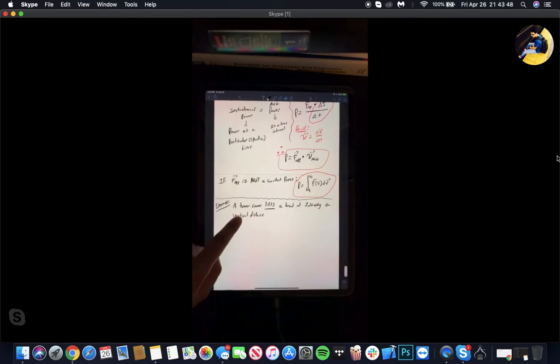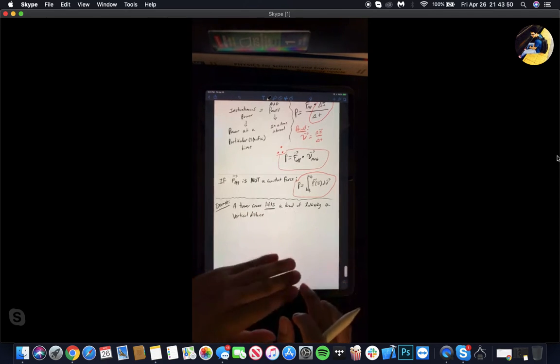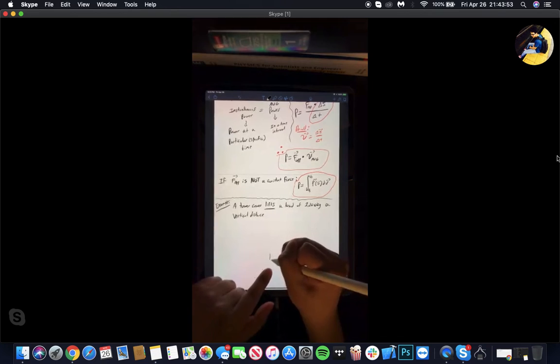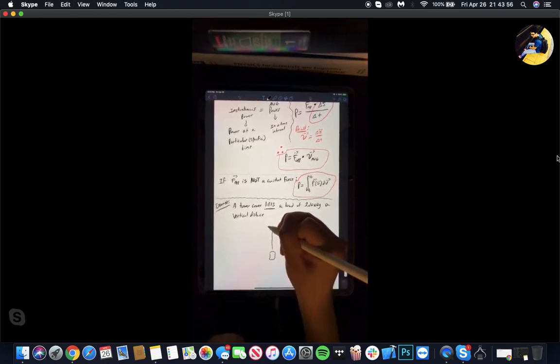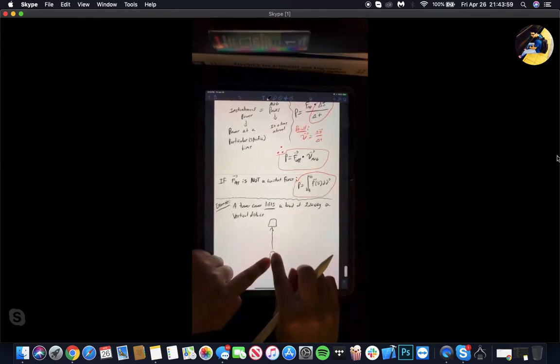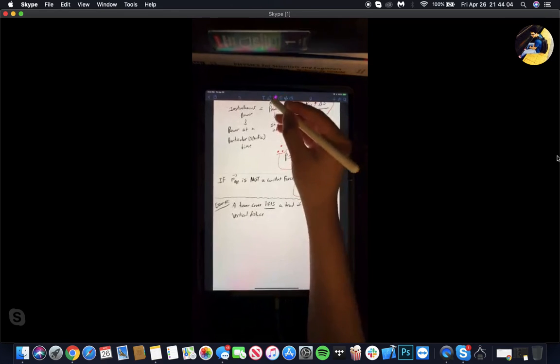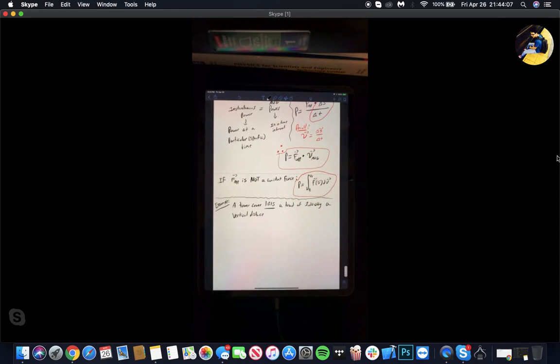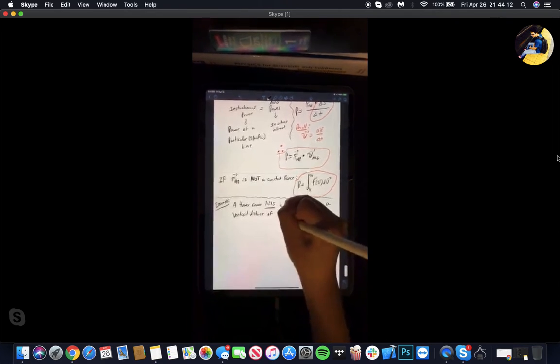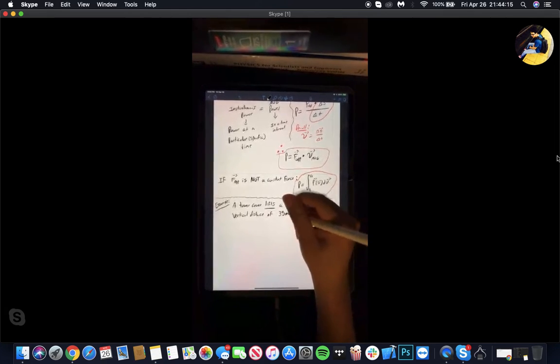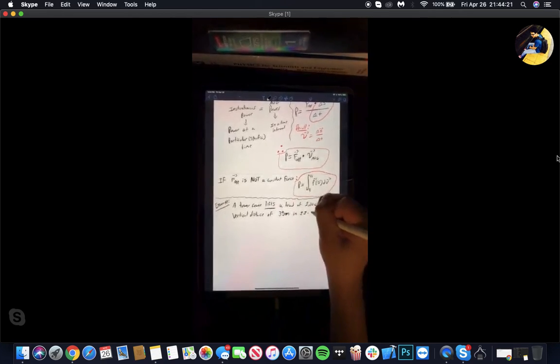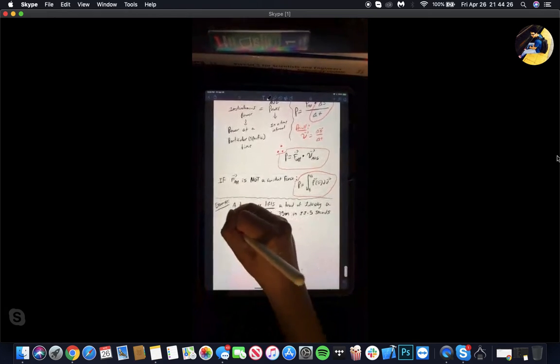So the load is here on the ground, and it goes a vertical distance. What's happening? It's going up. What kind of energy? Potential energy. Potential energy is increased. So a tower crane lifts a load of 1,200 kilograms a vertical distance of 35 meters in 11.5 seconds at a constant velocity.